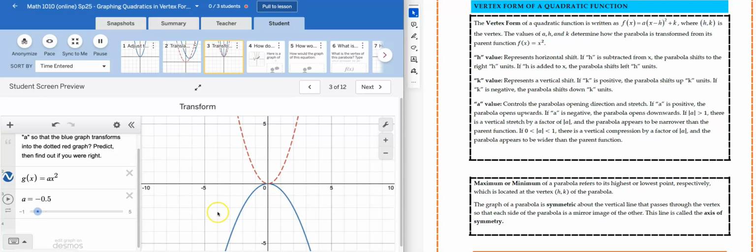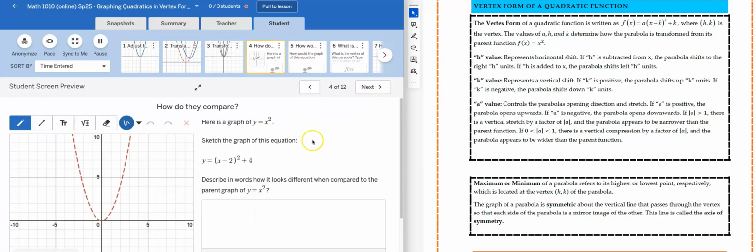And also, I want to talk about how (h, k) is the vertex. So let's go to this next one here.